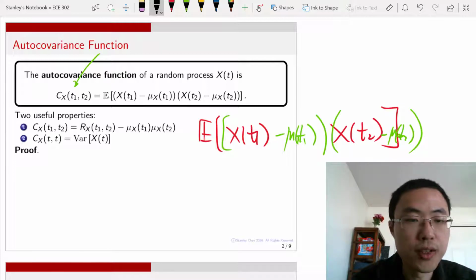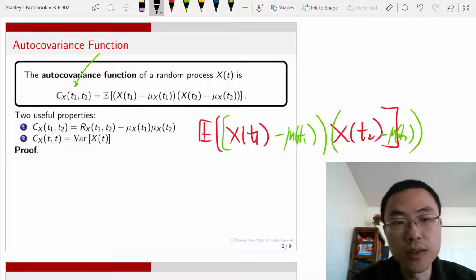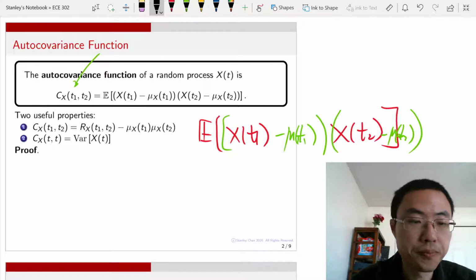The autocovariance function can be related to the autocorrelation function using this formula. The formula says that the covariance is written as the correlation minus the mean times the mean. The second property is that if you evaluate the autocovariance function at t and t, with both t1 and t2 the same, you will get back the variance of the random process.